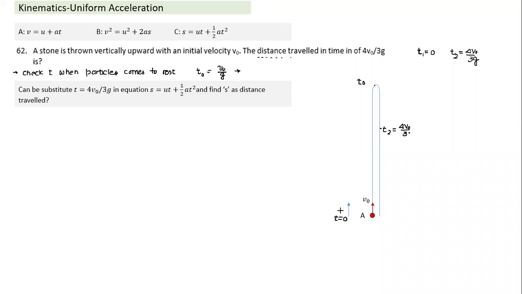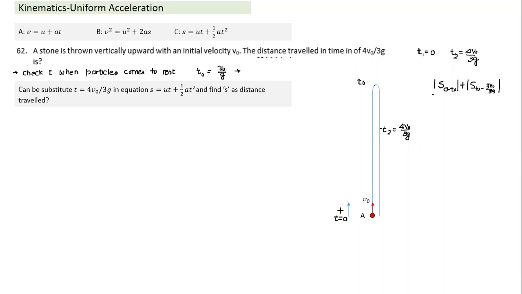One way of calculating is to calculate the magnitude of displacement from 0 to t0, and then the magnitude of displacement from t0 to 4v0 by 3g, and add those magnitudes of displacement. That's one way of solving.